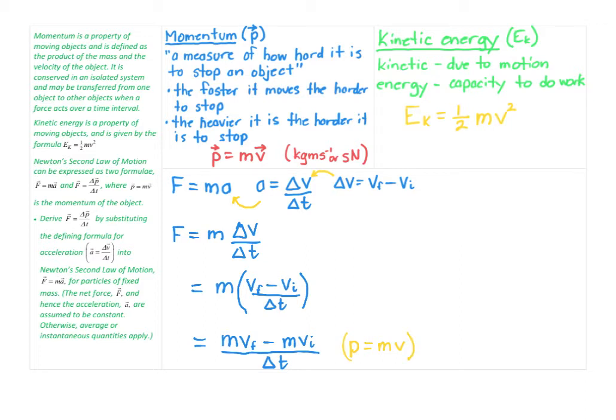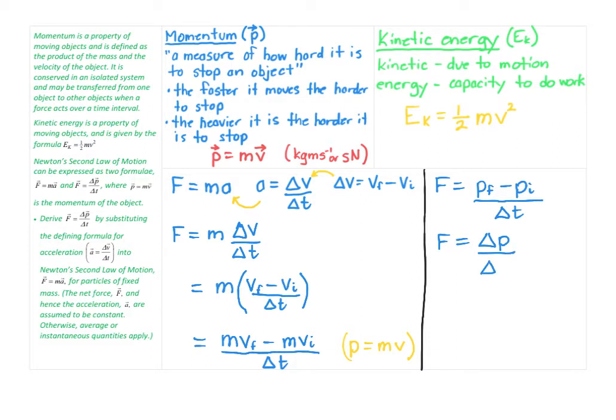So just let me continue on up here. We know that, therefore, F is equal to Pf minus Pi over delta T. Therefore, force is equal to the change in momentum, Pf minus Pi, divided by delta T.